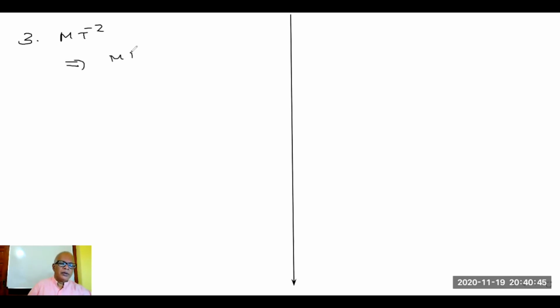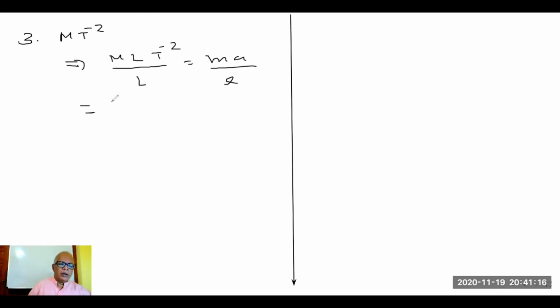That can be written as ML square T minus 2 by L, that is MLT minus 2 by L. That is nothing but force, M into A, by length.